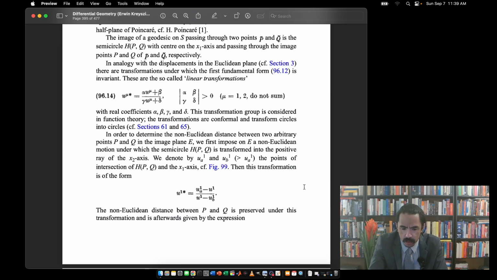In analogy with the displacements in the Euclidean plane, which were brought up in section 3, there are transformations under which the first fundamental form, given in expression 96.12, is invariant.